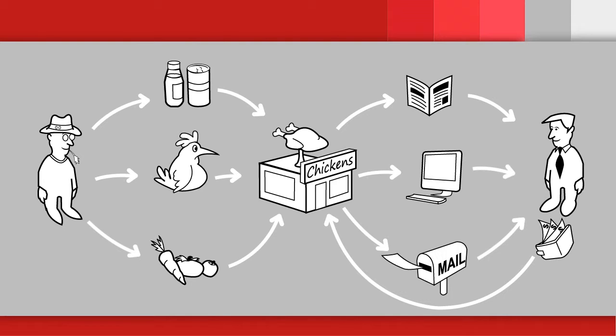So let's take a look at an example of changing conditions that may impact on the viability of your business. In this particular model, the chicken shop is heavily reliant on primary produce. If there's a drought, it's highly likely the prices for certain commodities will rise. This may be a direct reflection of the farmer's cost of operating a business. There's not enough water, they can't produce as much, so costs go up. It's pretty simple.